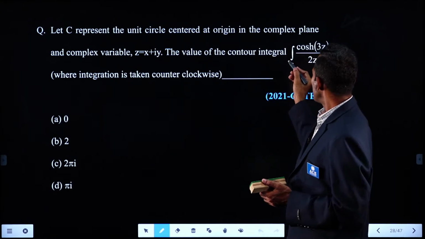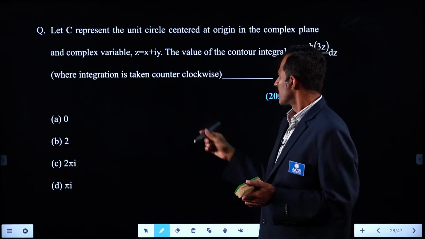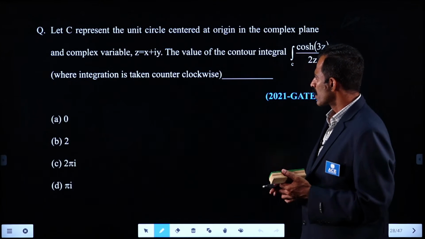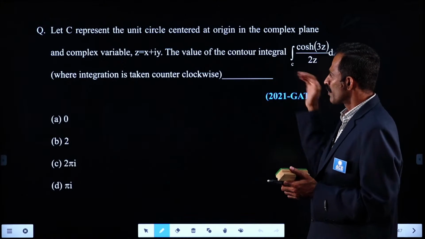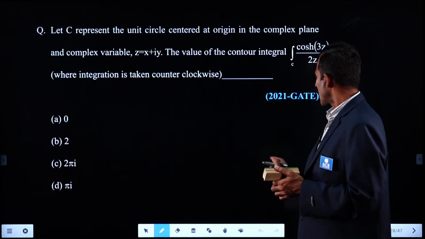The value of the contour integral, where integration is taken counterclockwise. Counterclockwise means anti-clockwise. Anti-clockwise is the positive direction. Unless otherwise stated, we always take the anti-clockwise direction.